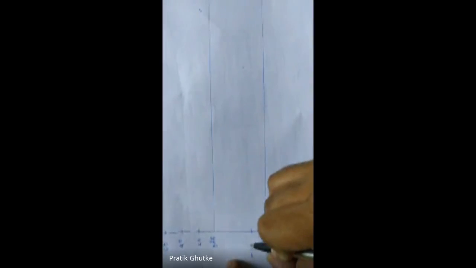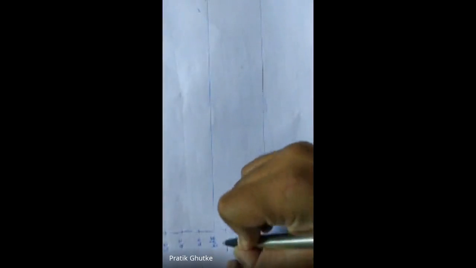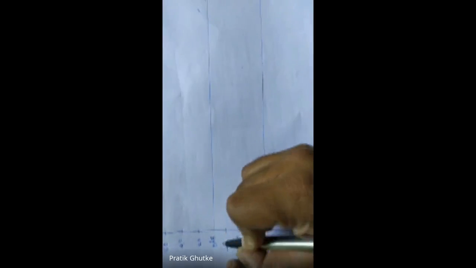Above that, there would be minus 150 degree, minus 120 degree, minus 90 degree. And above this, minus 210 degree, minus 230 degree, minus 270 degree, like this. Like this only you have to plot in all the Bode plot numericals.